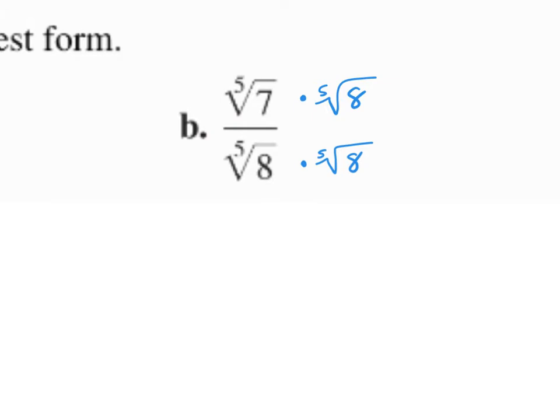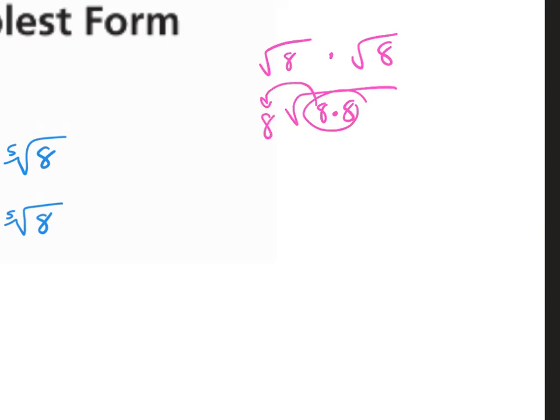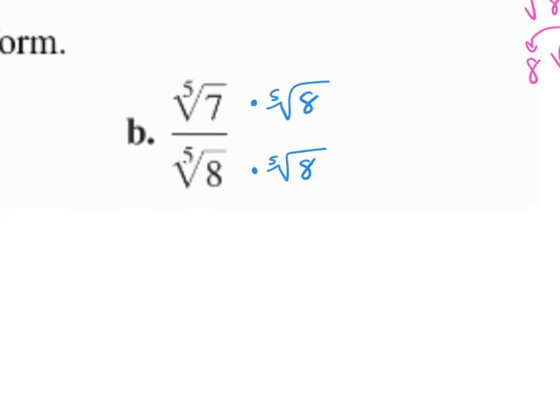this one's a little bit more tricky because when you have square roots, you can just multiply it by the same thing. Because if we multiplied a square root of 8 by the square root of 8, under the square root, we have 2 8s, and then we would circle our 2 8s and take out the 8, right? But here we have the 5th root of 8.